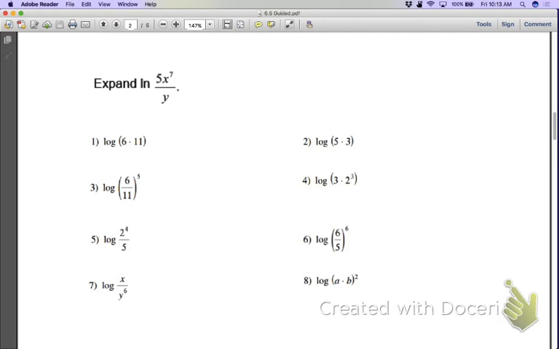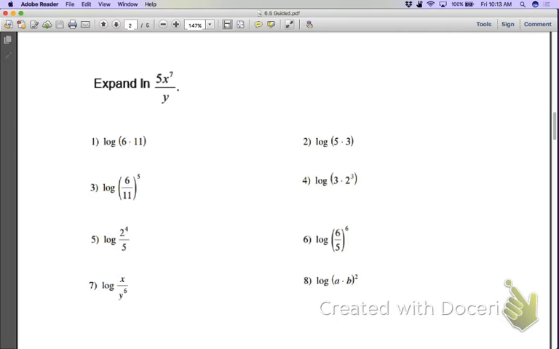So from what we just talked about, it says expand the natural log of 5x to the 7th divided by y. We're going to write this all as one term. Logs and natural logs do the same thing.